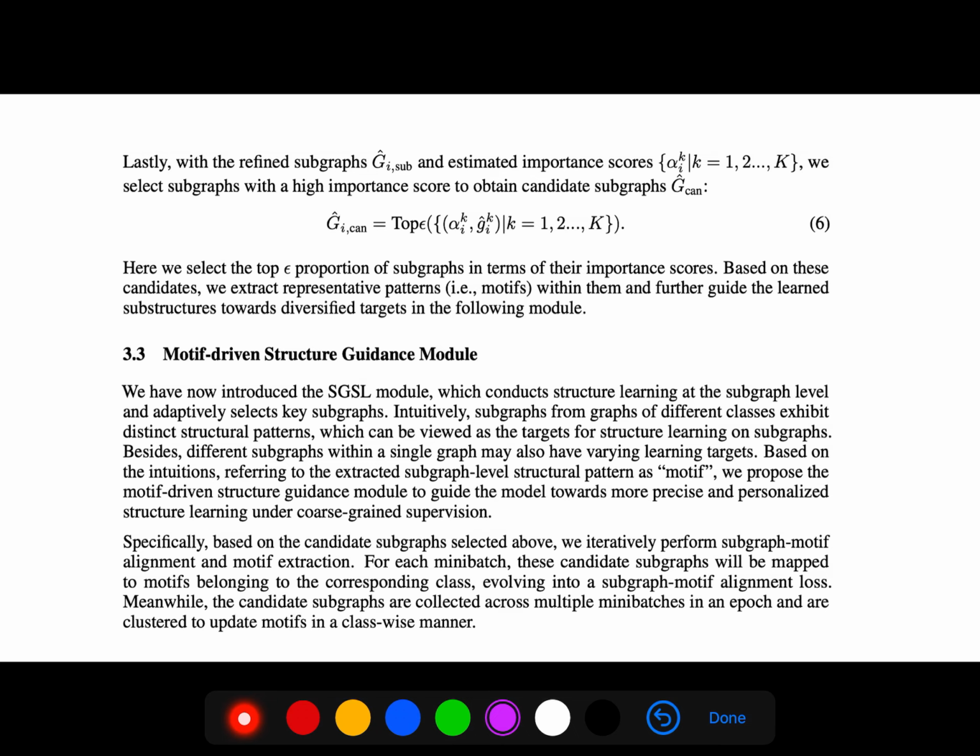So we iteratively perform subgraph motif alignment and motif extraction. For each mini batch, these candidate subgraphs will be mapped to motifs belonging to the corresponding class, evolving into the subgraph motif alignment loss.